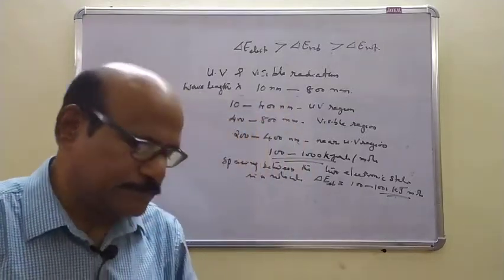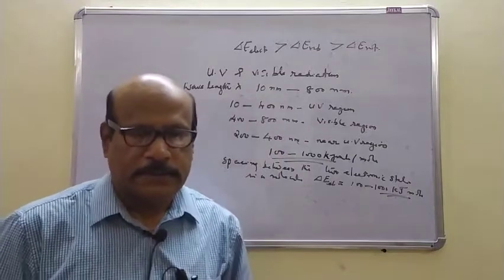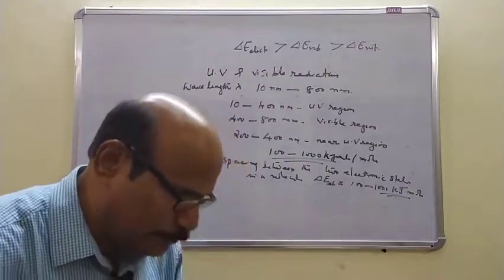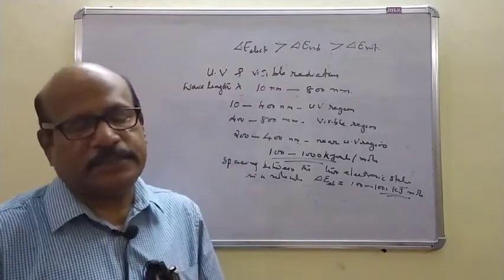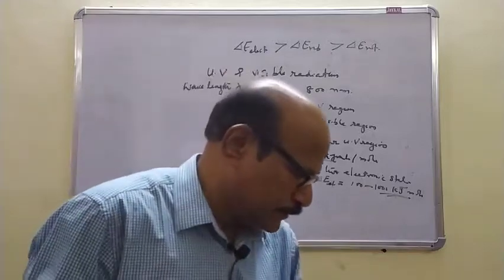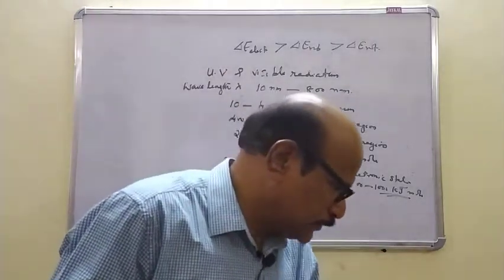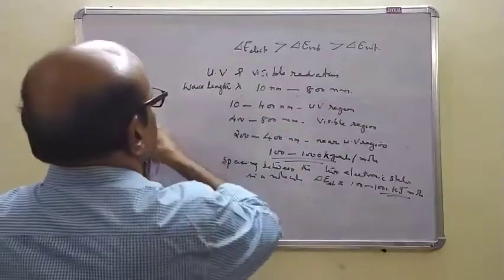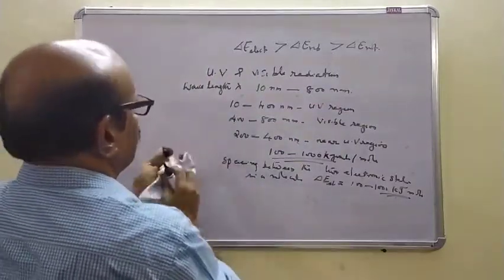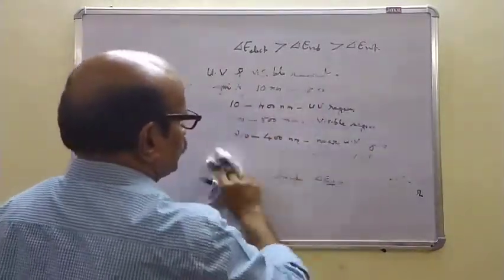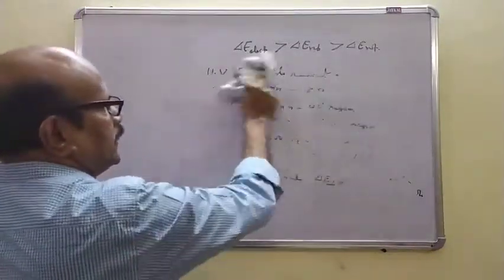Then the theory. We have seen that according to the Born-Oppenheimer approximation, the total energy of any molecular system is the sum of three quantized energies.